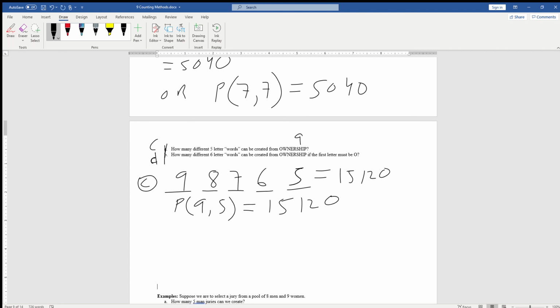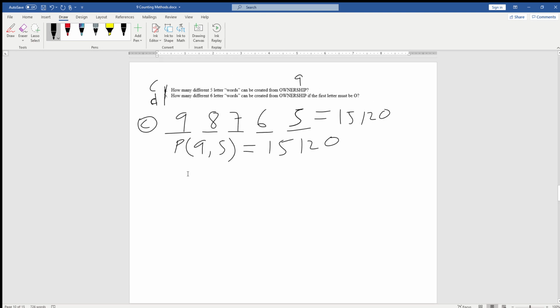All right, finally, how many different 6-letter words can be created from ownership if the first letter must be an O? Now, if the first letter must be an O, okay, that's fixed. Recall that fixed letters or fixed objects do not factor into the computation of a permutation. So here's how we can do this.